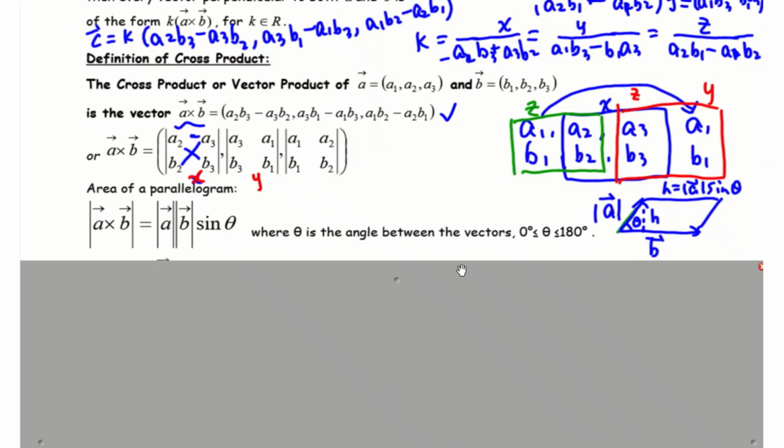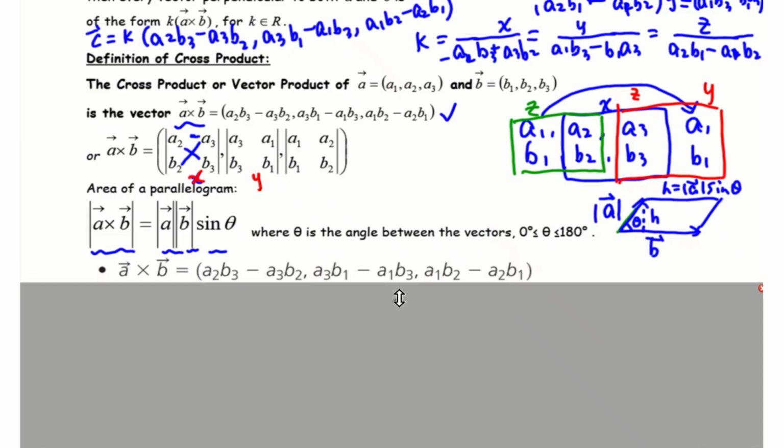Here we just use the magnitude because area is a scalar. So this is the application of the cross product. By finding the cross product and its magnitude, we have the area.